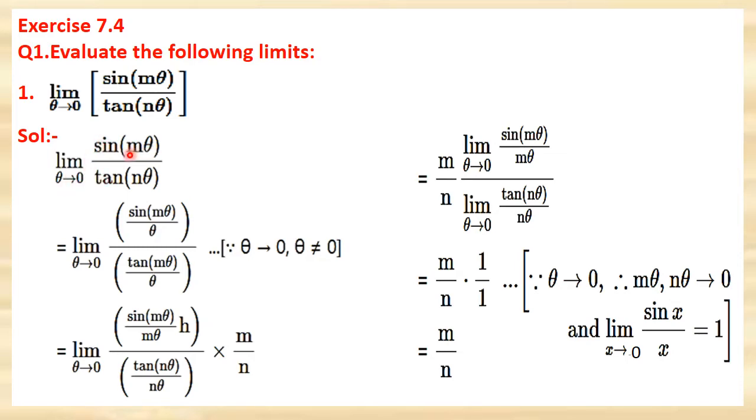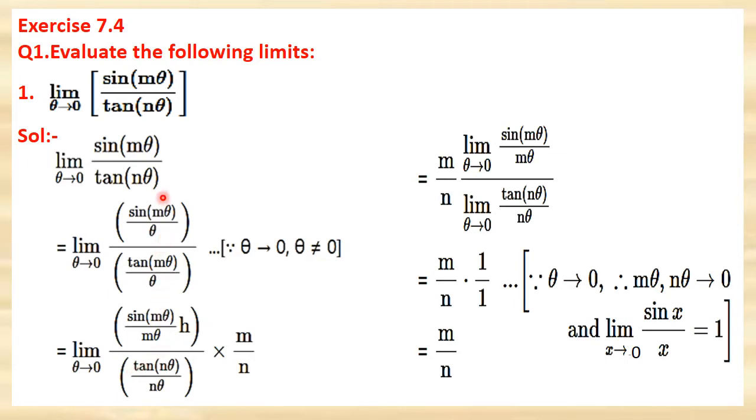What we will do is, we will multiply and divide both the numerator and denominator by theta. Then the numerator will become sin m theta upon theta, and the denominator also becomes tan n theta upon theta, and give the limit for both.